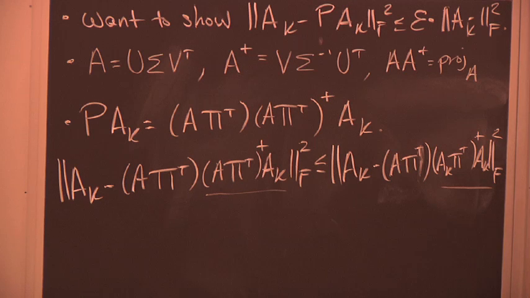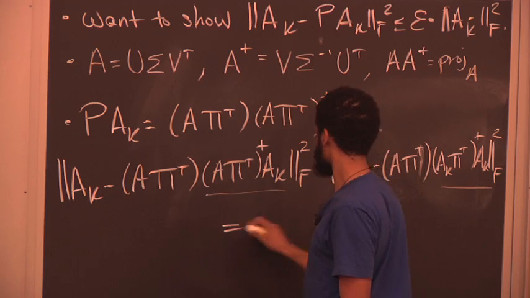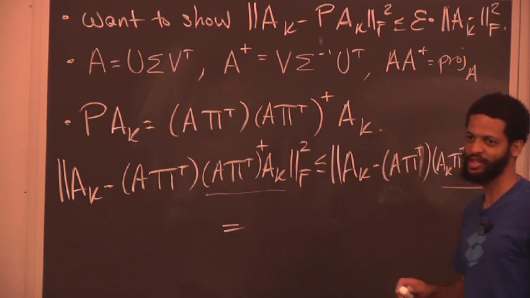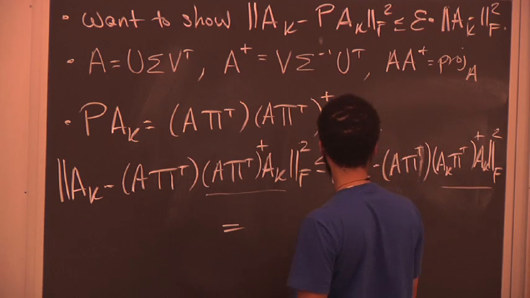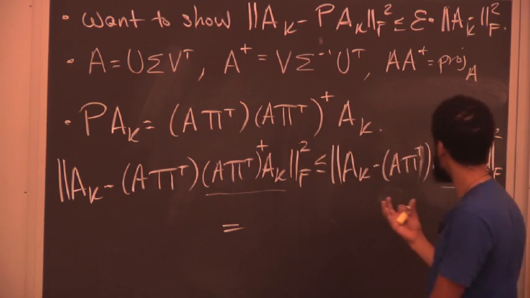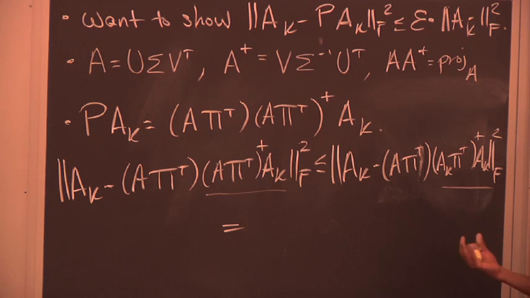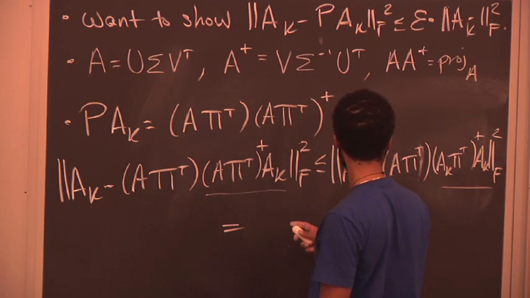Now I really want to view this as regression. If you take a matrix and take its transpose, they have the same Frobenius norms. So let me take the transpose so it looks slightly more familiar.